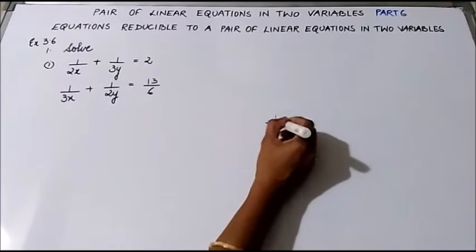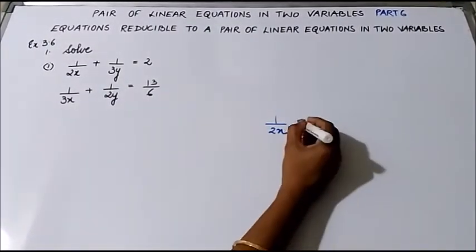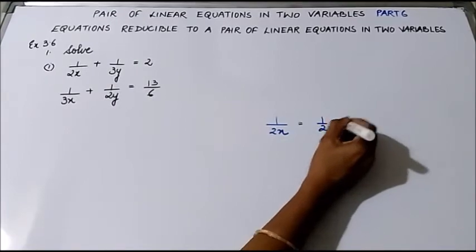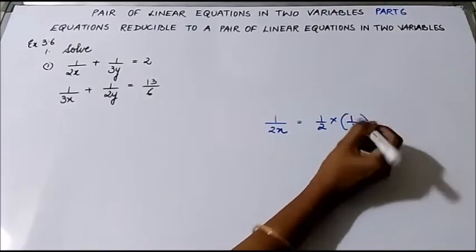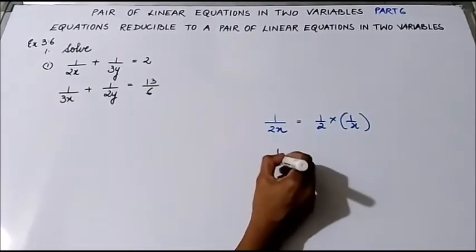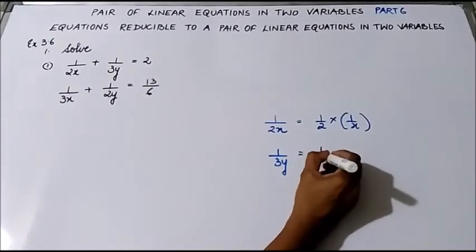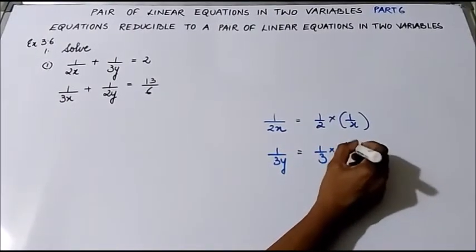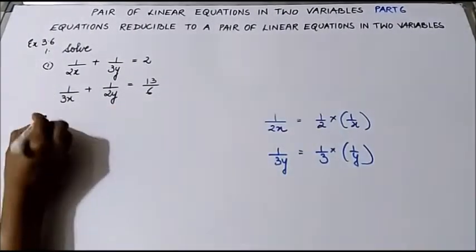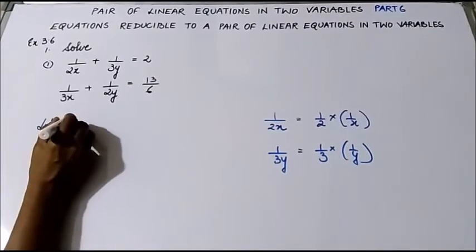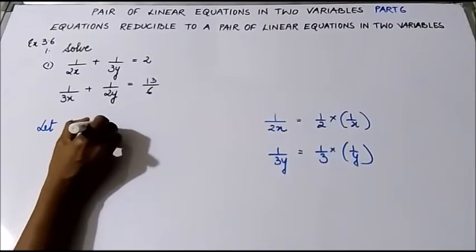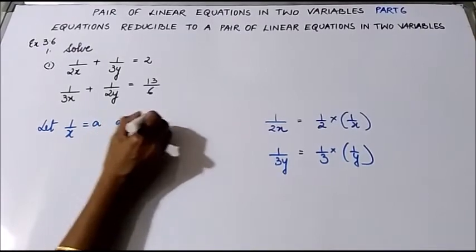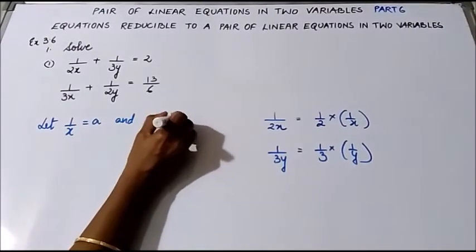Now here 1 by 2x is equal to 1 by 2 into 1 by x. Same way, 1 by 3y can be written as 1 by 3 into 1 by y. So let us assume 1 by x equal to a and 1 by y is equal to b.